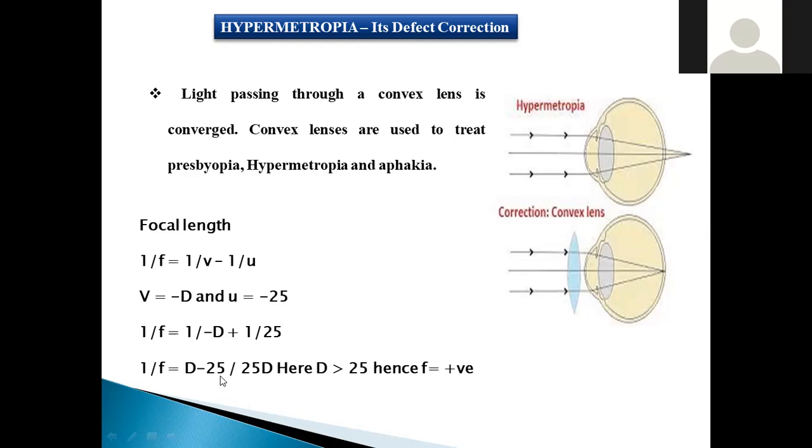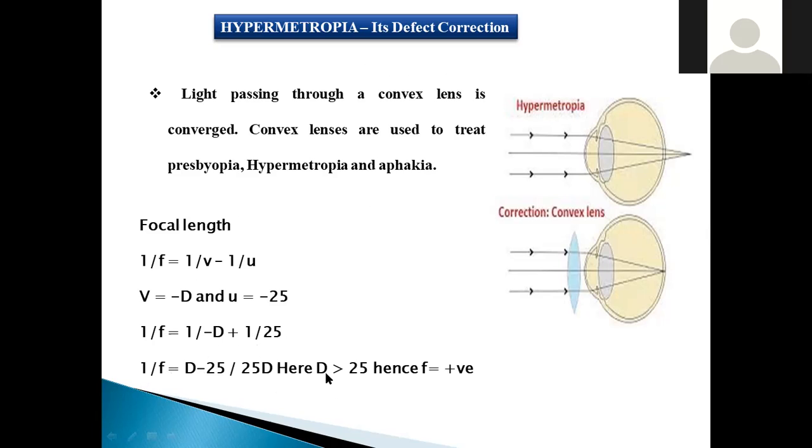So 1 by F is equal to 1 by D minus 1 by 25. When we take the LCM, it will become D minus 25 by 25D. So after calculating, 1 by F is given by D minus 25 by 25D.